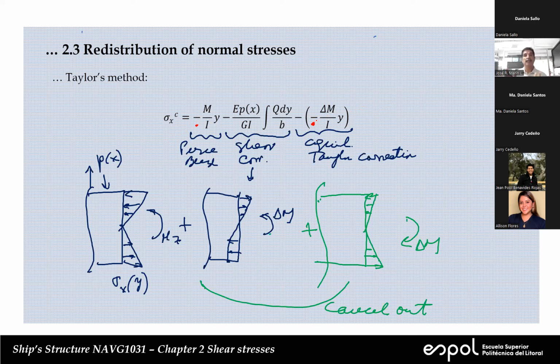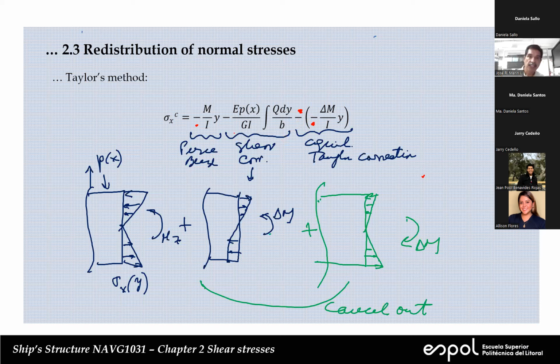Because that's what Taylor proposed, to assume that there's going to be a distribution of normal stress in order to bring the section back to equilibrium. But since we need to produce a negative delta M, we have to add a negative. So we have to subtract. And this is what we have here. That's why we need this negative. So we have one negative and one negative. So we have to be very careful with the negative signs here.